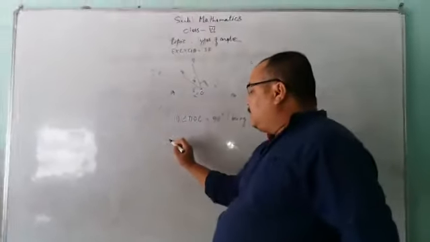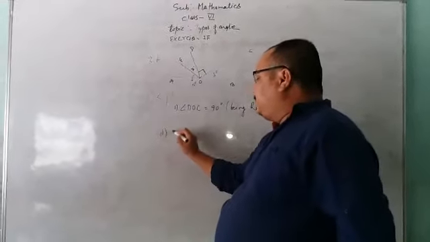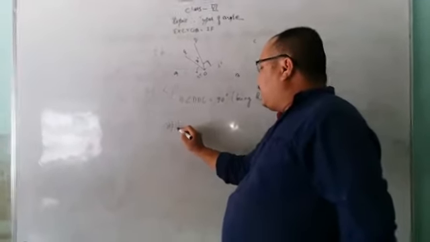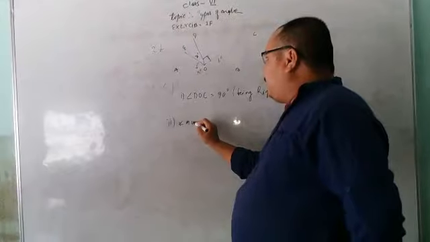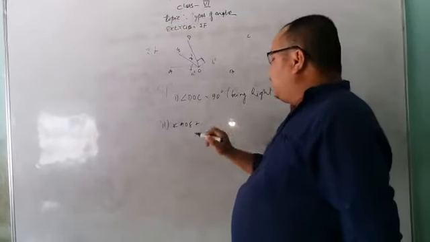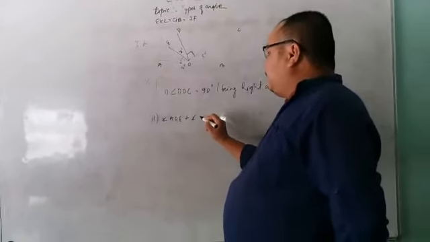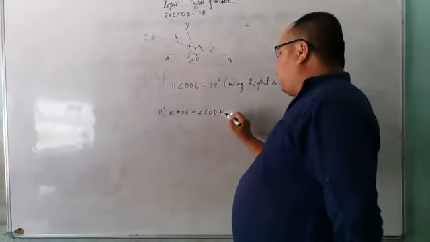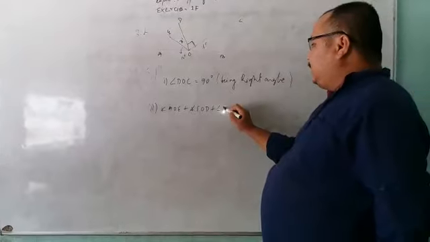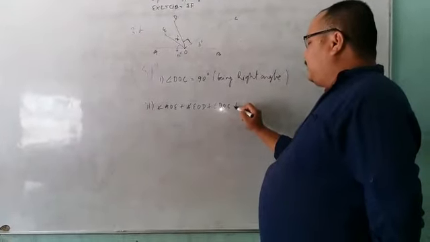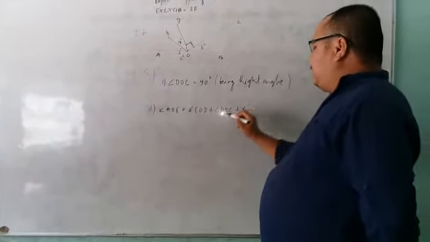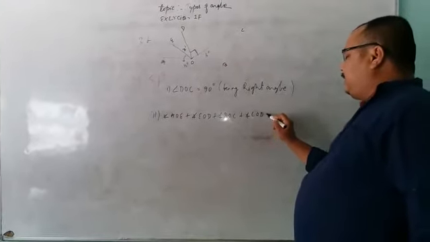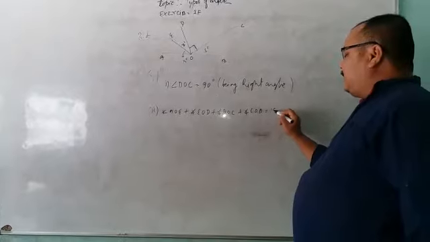Now in the second step, you write angle AOE plus angle EOD plus angle DOC plus angle COB is equal to 180 degrees.